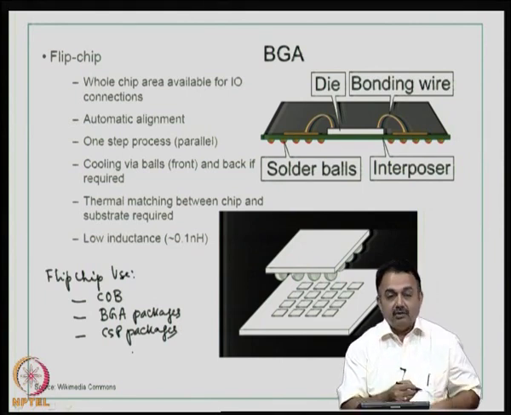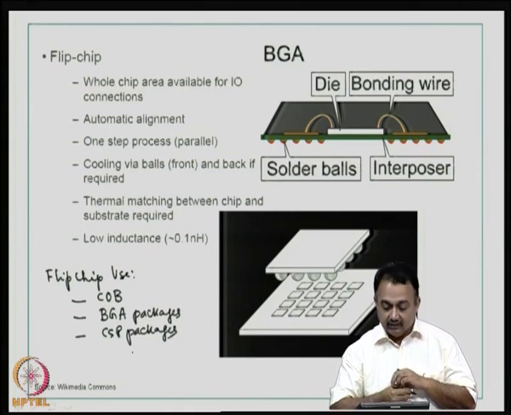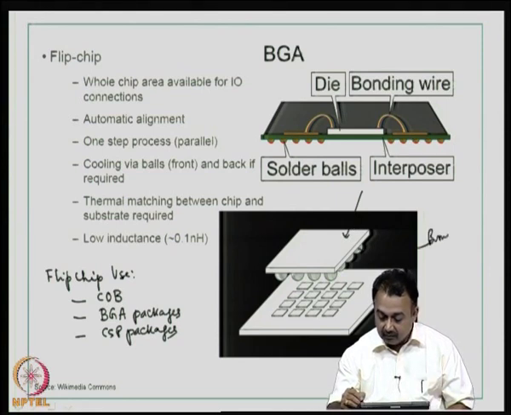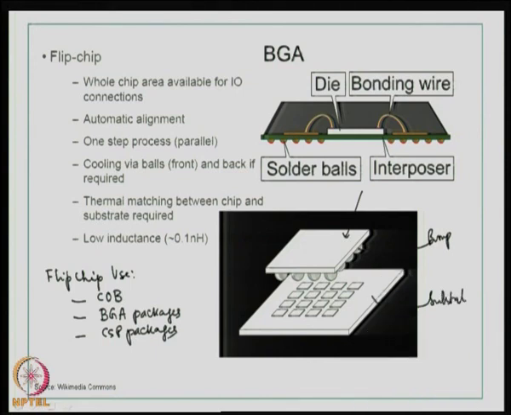I want to explain to you what automatic alignment means. Now, if you look at this figure here, there is a die and this is the bump and this is your substrate. Now, we are going to align this die with the substrate. This bump is basically a solder material. Now, when you apply heat to the process, assume it is a reflow process, what will happen?